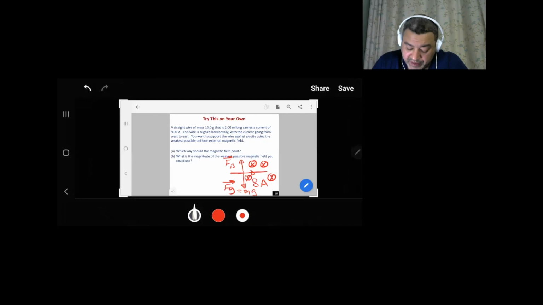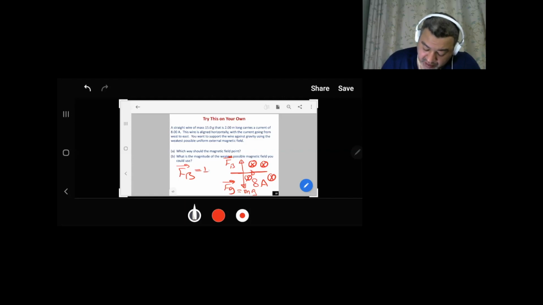You can calculate the force and then equate this to FB, where FB equals I L cross B. For the magnitude, L is perpendicular to B, so I L sine theta, theta is 90 degrees, then this one is ILB.